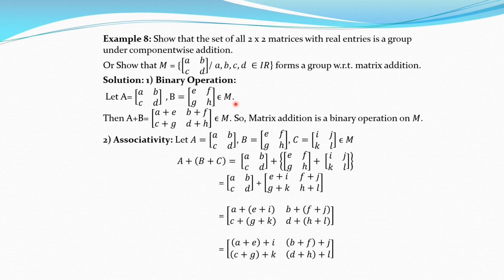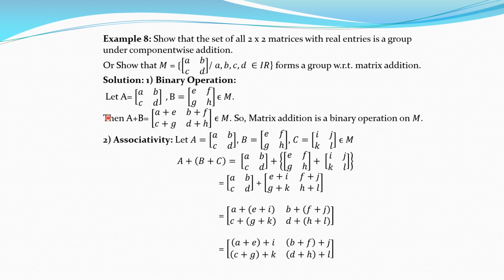and then we have to show that inverse exists for every element of M. Now to show that it is a binary operation, we consider two elements, say A and B, in M. As matrices are denoted by capital letters, here we are taking A and B as capital. So these are two matrices from M with real entries. Now A plus B, as it is component-wise addition, we add the first row first column element with the first row first column element of the second matrix.